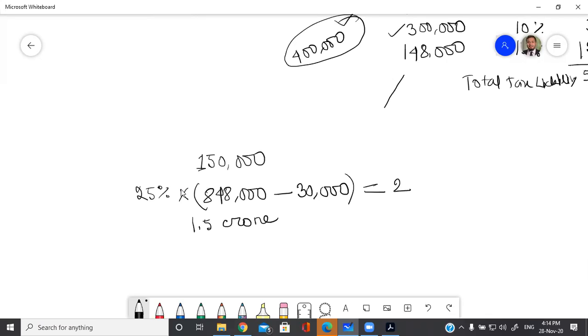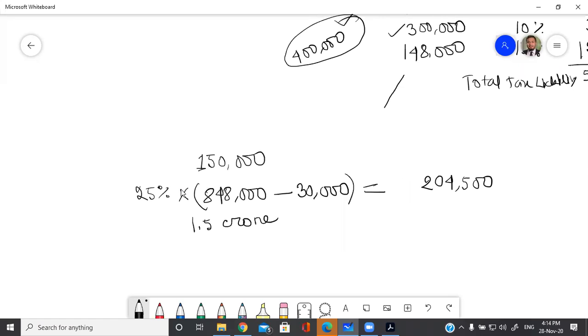I can't hear you clearly. 2,04,500. 2 lakh 4,500. Is this right? Yes, sir.